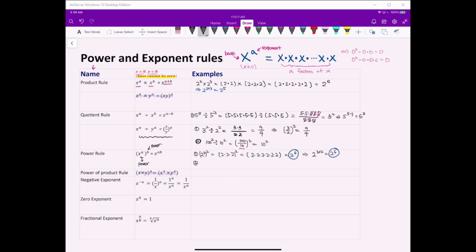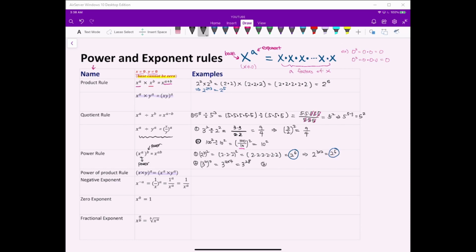A second example would be when we have 3 to the 4th power, to the power of 7, which you can simplify using the power rule by multiplying those two exponents together, and it'll be 3 to the 28th power.